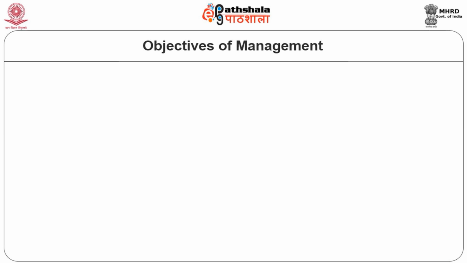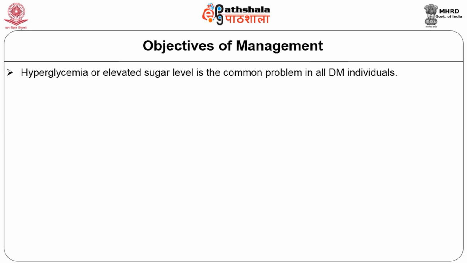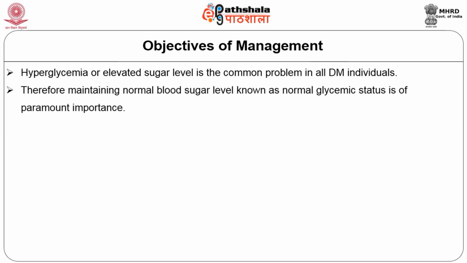Objectives of the management are therefore that mainly hyperglycemia, or elevated sugar, is the problem, and therefore these sugar increases have to be controlled mostly by the use of drugs. Following are essential to avoid the long-term complications.